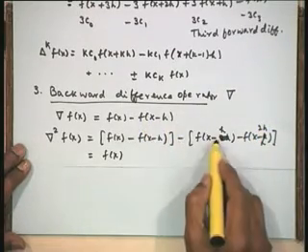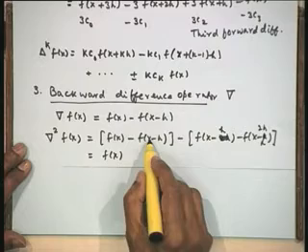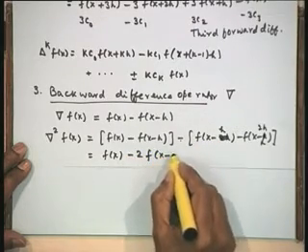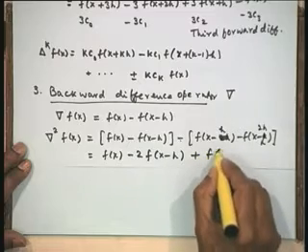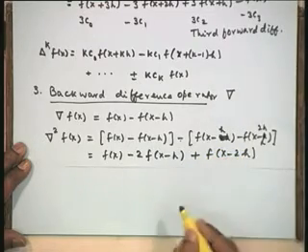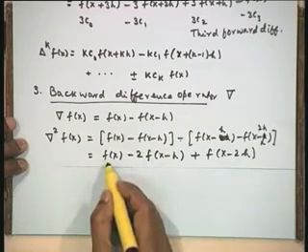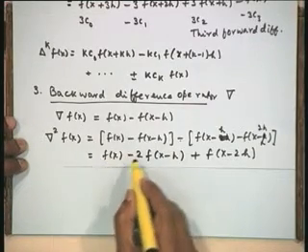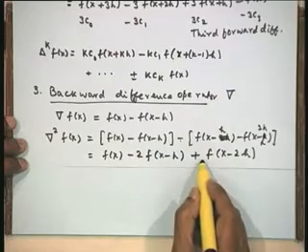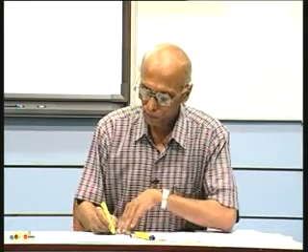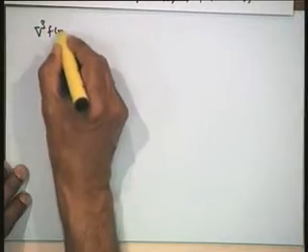This is f of x minus h, the current ordinate minus the previous ordinate, minus f of x minus h minus f of x minus 2 h. That gives f of x minus twice f of x minus h plus f of x minus 2 h. Again you can see that these coefficients are binomial coefficients 2 C naught, minus 2 C 1, plus 2 C 2. Therefore, they would again follow the binomial coefficients only, and therefore, let us write down the next one, delta cubed of f x, and then we can generalize it.